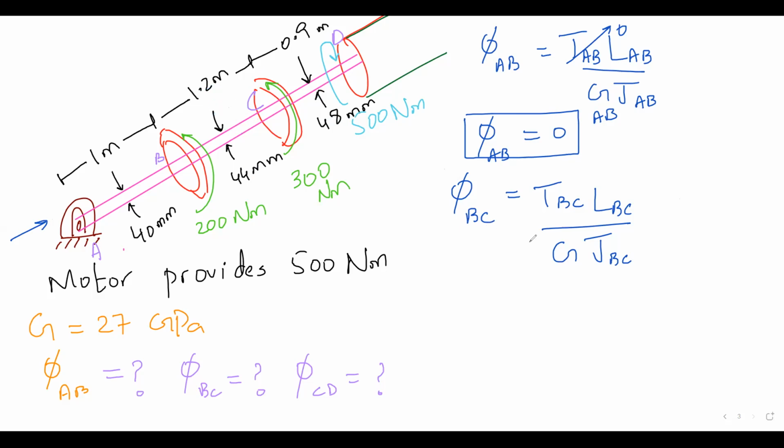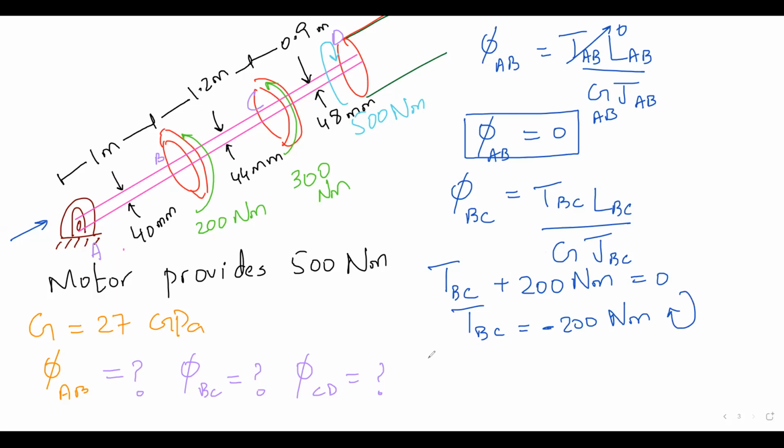So I will have TBC plus 200 Newton meter equal to 0, TBC equal to negative 200 Newton meter. Of course, I'm looking from here, so this means it is clockwise, right?